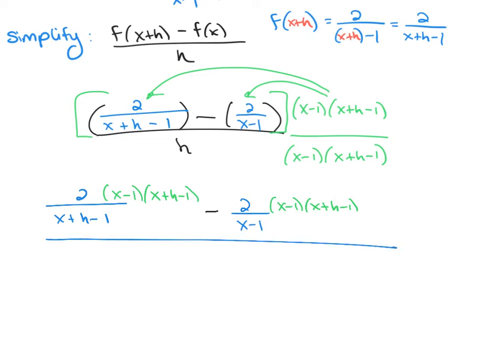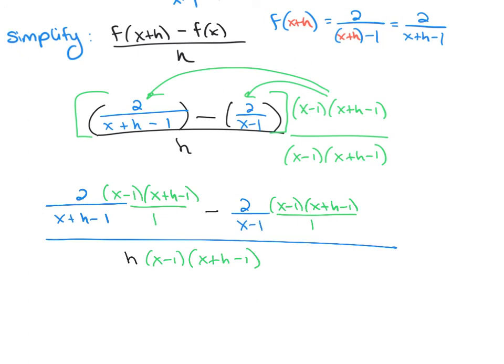If you're a visual learner, much like I am, you might want to put those x minus 1 times x plus h minus 1s over 1 so that you see that they're in the numerator and they're going to cancel with the denominators. In the big denominator, we just have h times x minus 1 times x plus h minus 1, and not much is going to reduce there yet. Okay, but let's start reducing.